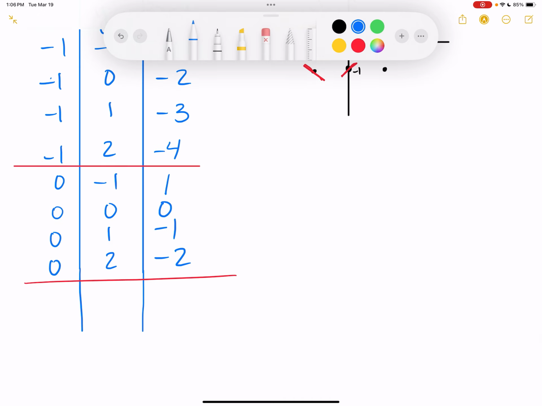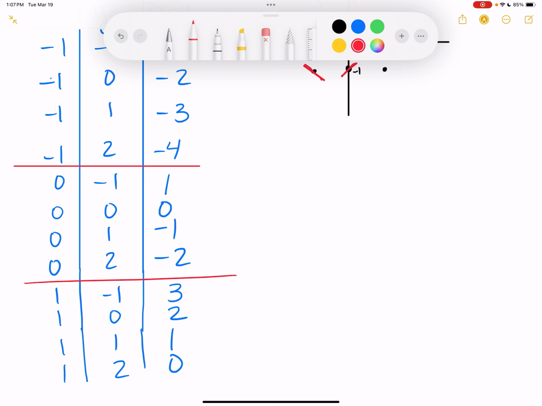All right, and then we've got 1, -1, 1, 0, 1, 1, and 1, 2. So when it's 1, -1, what do we get? 3, 1, 0, 2, 1, 1, 1, 1, 2, 0.